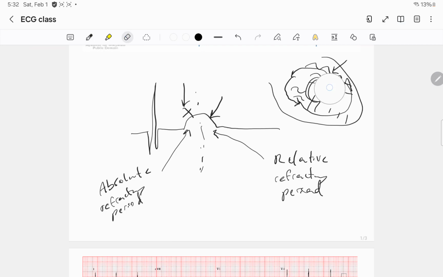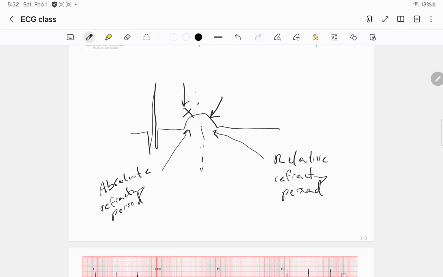So in summary, what I want to get across is that if impulses occur during this relative refractory period, right, ectopic ventricular impulses, it can result in a life-threatening tachycardia.